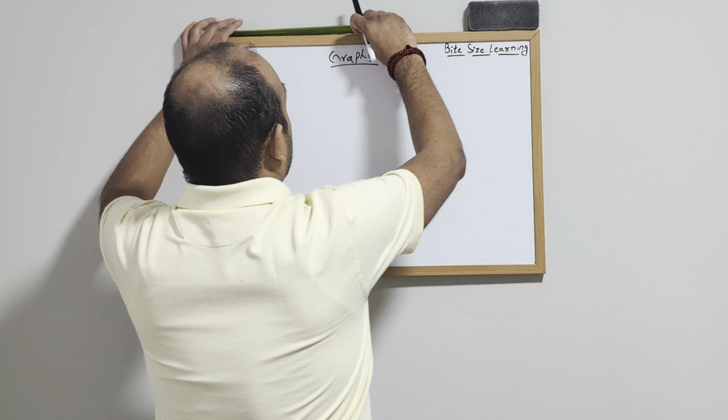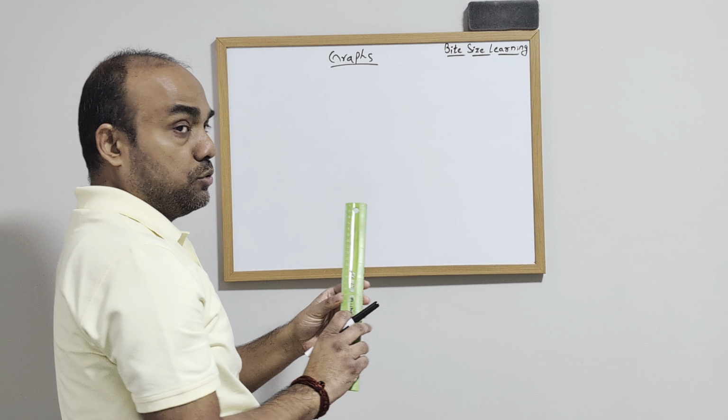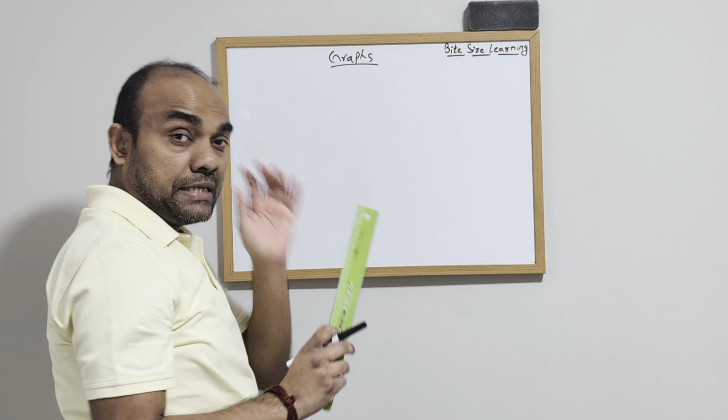So to understand any graph you would need a ruler and a pen or pencil. Have all those ready and then let's draw a graph.